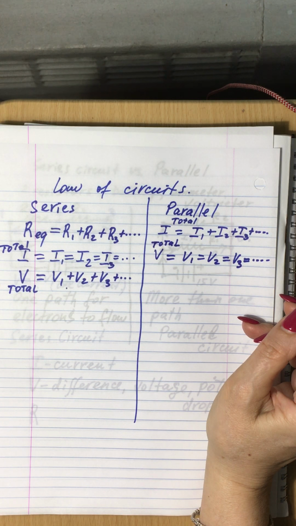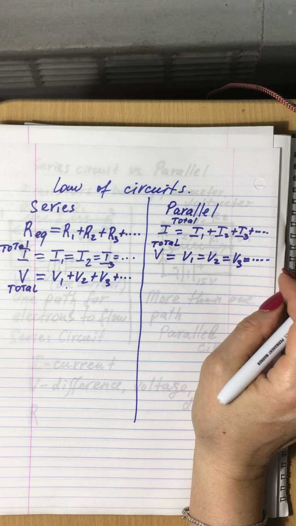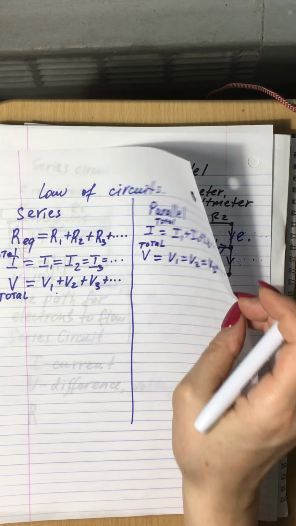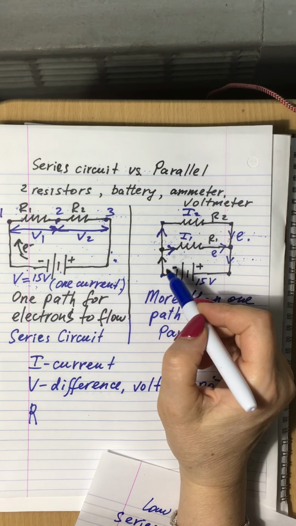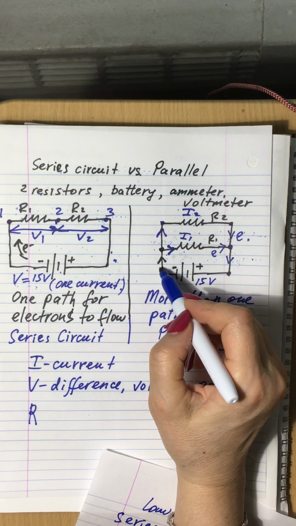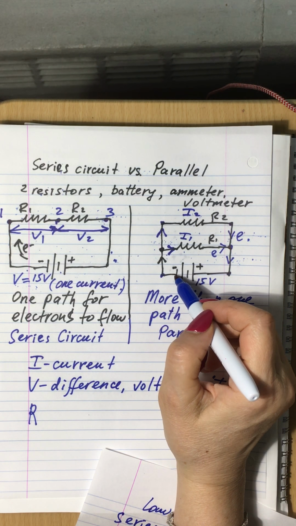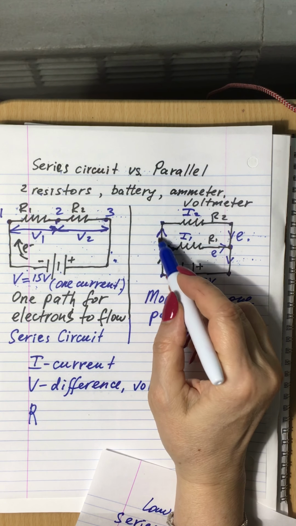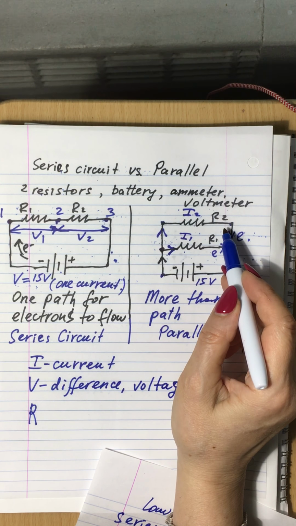So the rule for equivalent resistance would also be completely different. Why? Do you see? Not all electrons are supposed to flow through all of them. Part of the electrons go through R1, and part of the electrons go through R2 in this case.